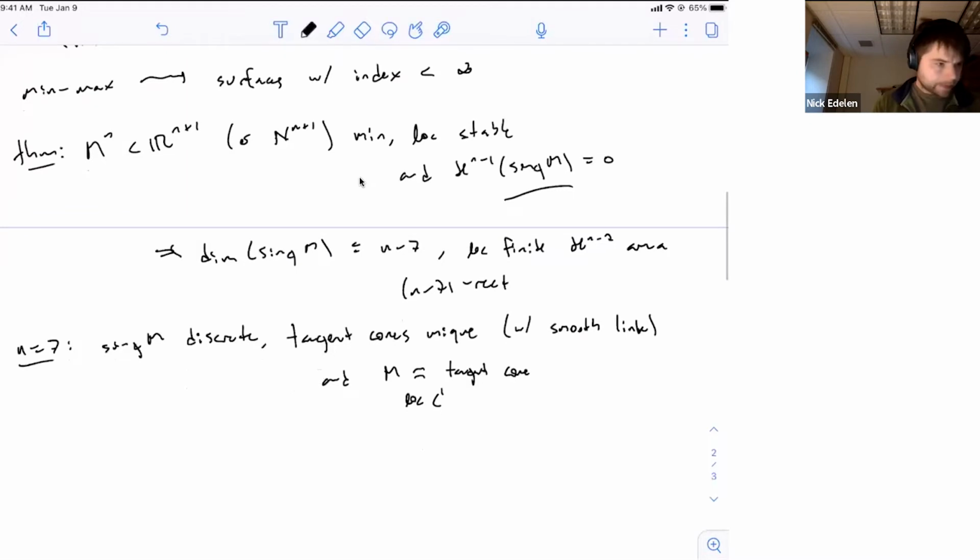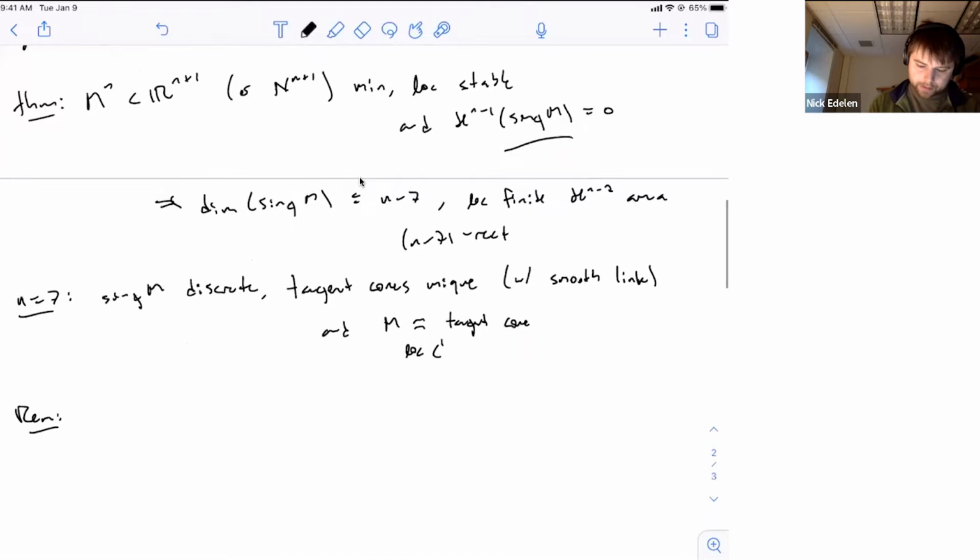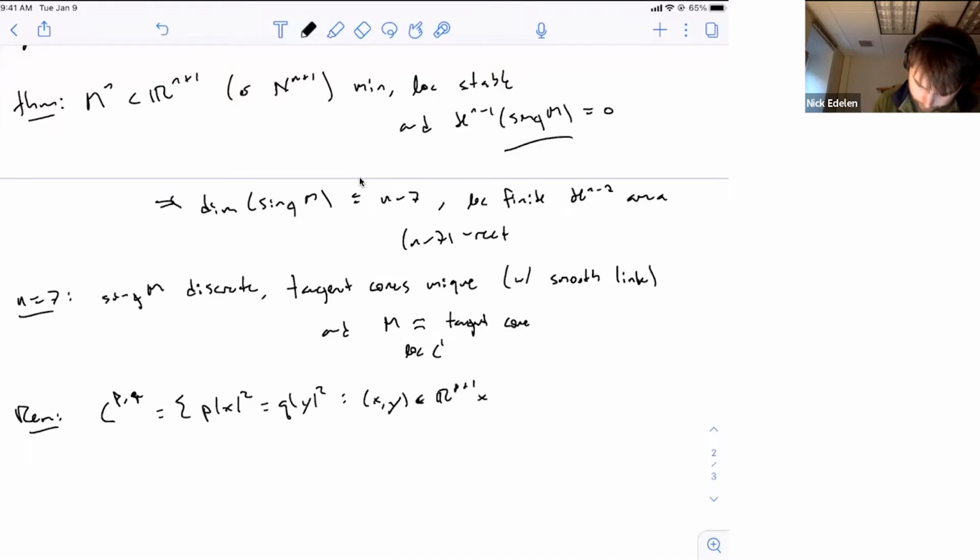And I'll write some names down in a second. These are also sharp, and let me give some examples. The canonical examples of stable or minimizing cones are these quadratic cones. If you give me two integers p and q, then I can define the following set: pairs (x, y) inside R^{p+1} cross R^{q+1}.